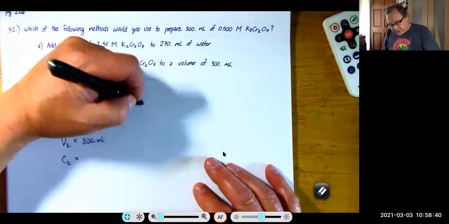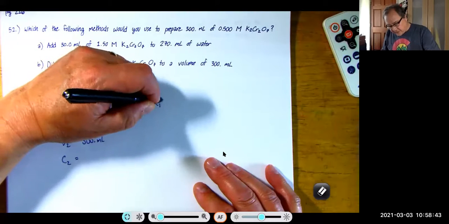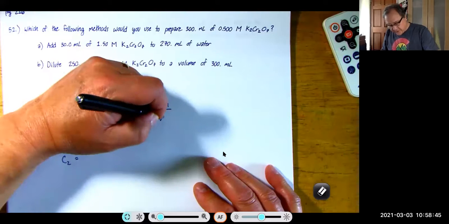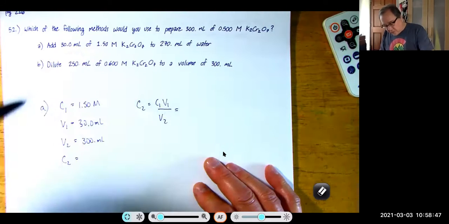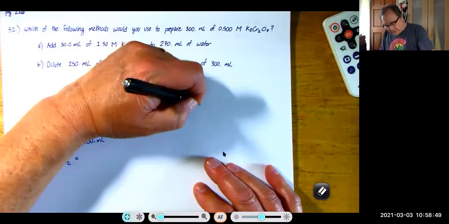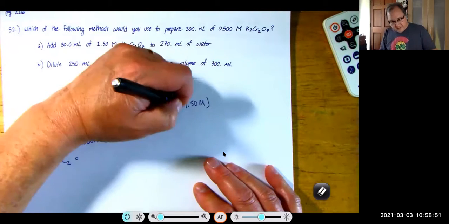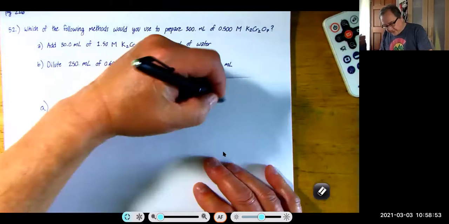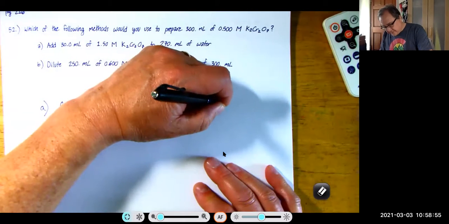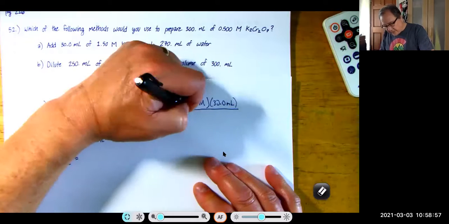So C2 is C1 V1 over V2, which is 1.50 molar times 30 over 300.